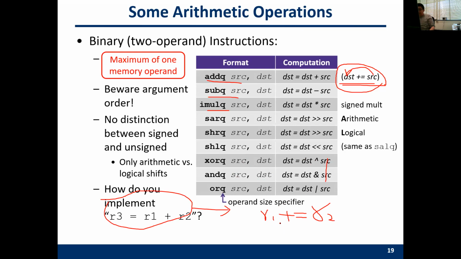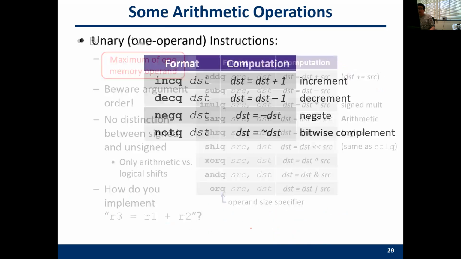And then the results will be stored in R1. So we will move the results from R1 to R3. So one simple C code will be translated into two lines of assembly code.